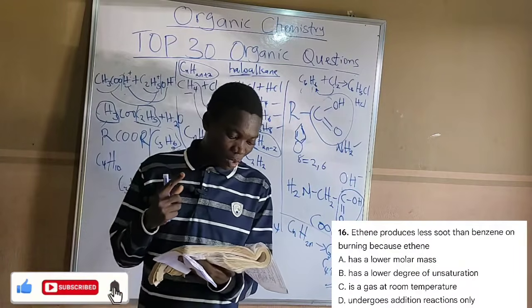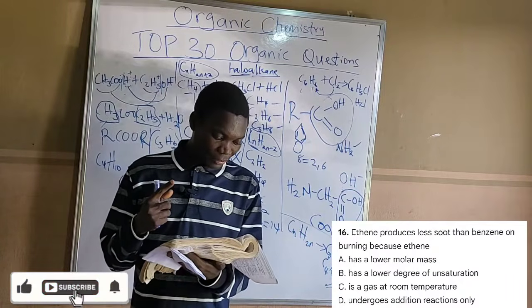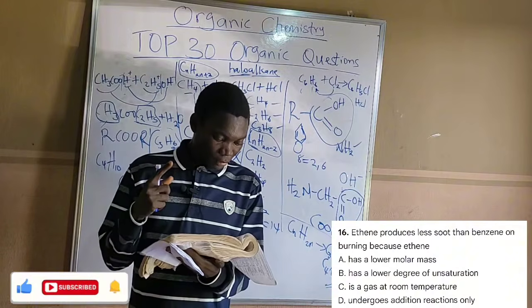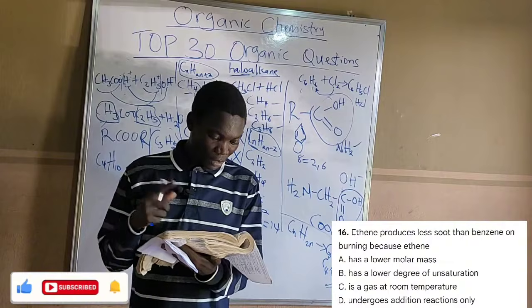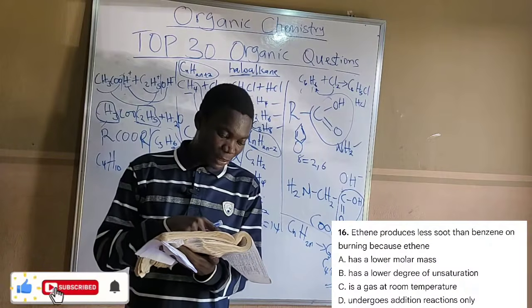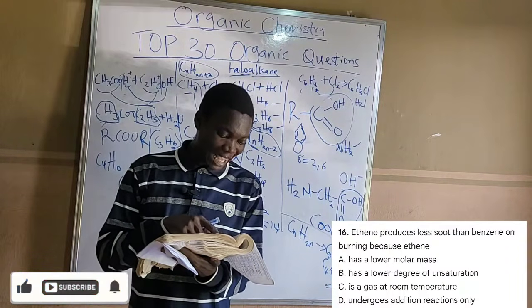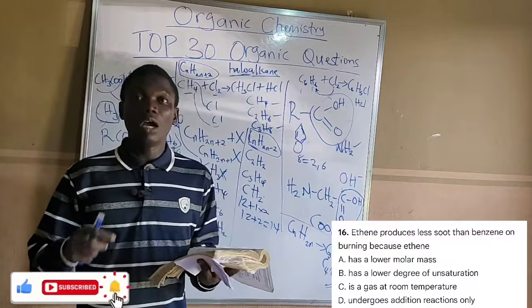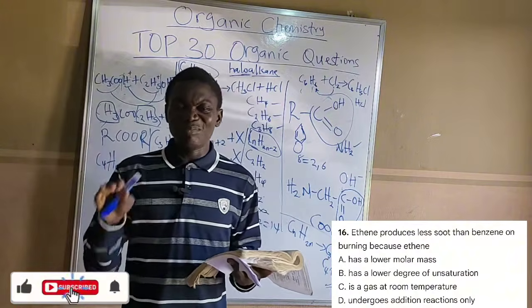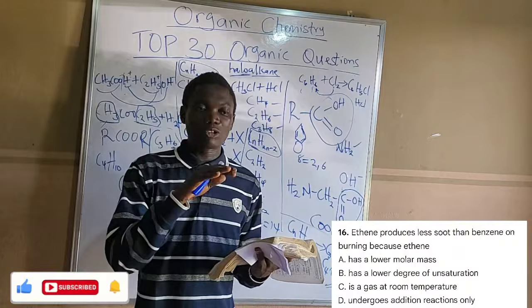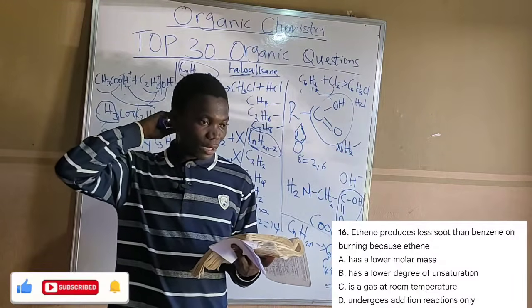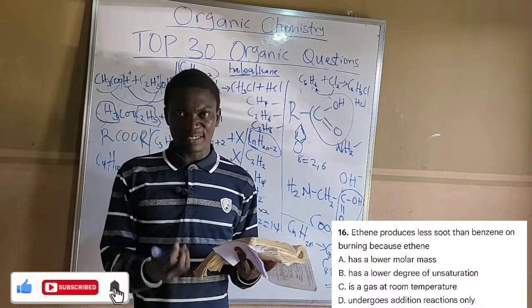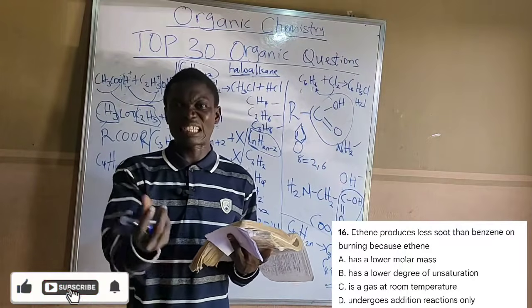So what this question is trying to tell us is that ethene produces less sooty flame on burning because of what? The correct answer is B. Why? Because it has a low degree of unsaturation. Unsaturated compounds are those that have double or triple bond and above. So double bond is the lowest, so it's as little.